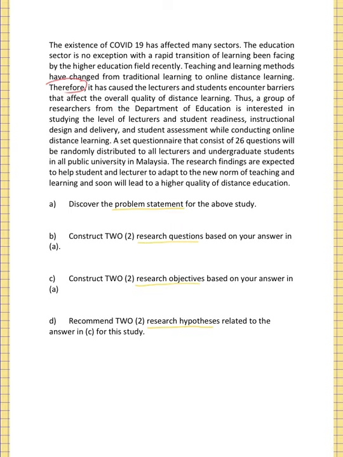Okay, so what does it emphasize here? Look at the word therefore. So actually, this is one way how we identify the problem statement. It has a sentence that it emphasizes there. So in this example, what it emphasizes here is therefore, it has caused the lecturer and student encounter barriers that affect the overall quality of distance learning.